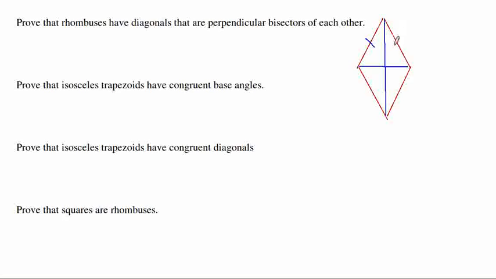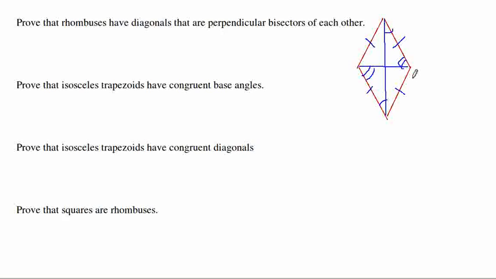So we know that all the sides are the same length. We also know that the opposite sides are parallel, so we have congruent alternate interior angles where the diagonals are the transversals with respect to the parallel opposite sides. So let me label some congruent alternate interior angle pairs.